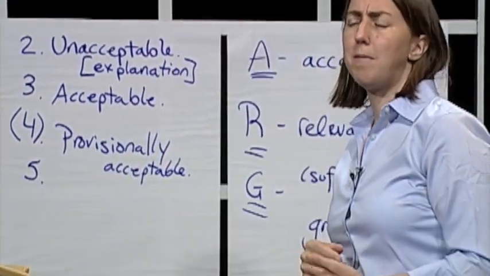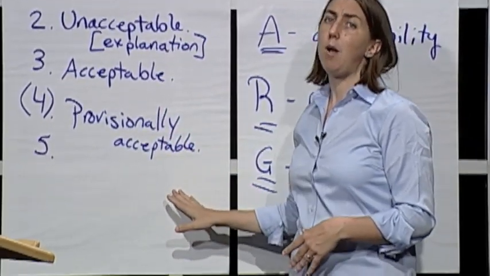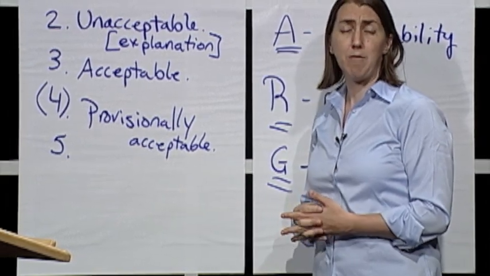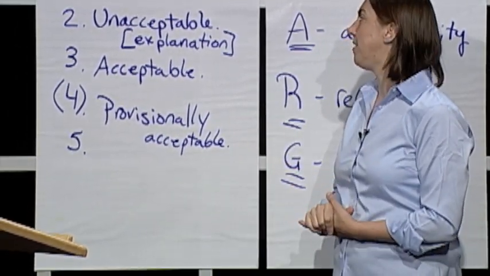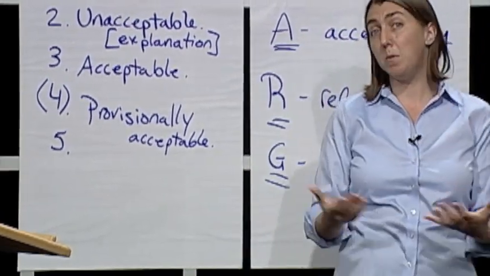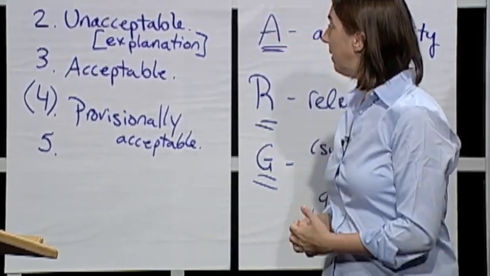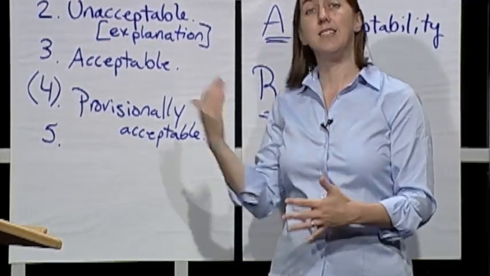Now I want to return to something that I mentioned a little earlier on, which is that you actually have 3 options when it comes to acceptability of premises. You've got 3 decisions, 3 kinds of judgments that you can make. 1, you can call a premise unacceptable and then explain exactly why you're making that judgment. 3, you can say, no, I accept this premise. I hold it to be true, and tell me why.